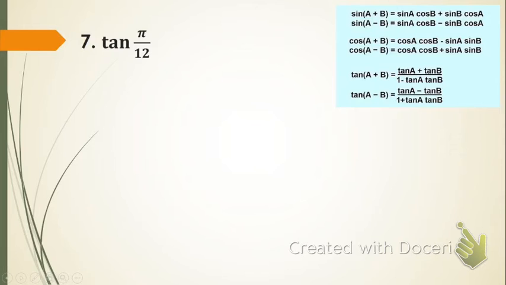Okay. How did we get to pi over 12? Pi over 3 minus pi over 4. So 4 pi over 12 minus 3 pi over 12, which is the same thing as pi over 3 minus pi over 4.